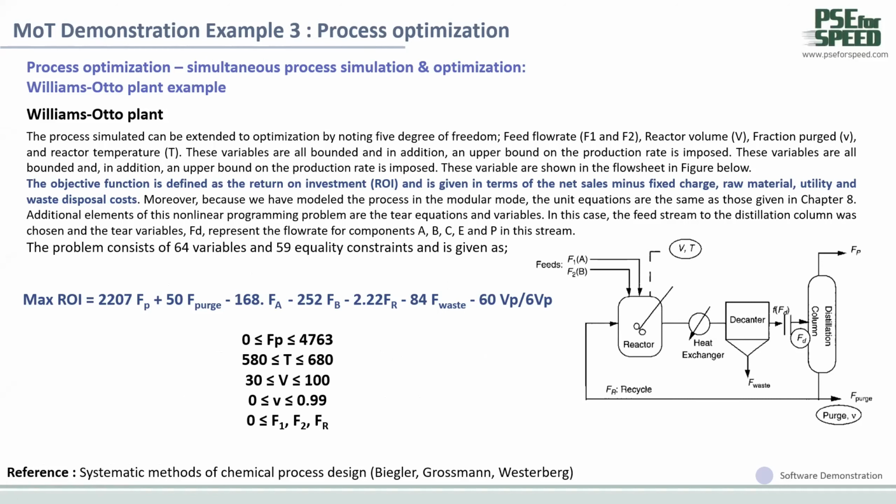The Williams-Otto plant includes the CSTR, heat exchanger, decanter, and distillation as presented in this figure. The objective function is defined as the return on investment and is given in terms of net sales minus fixed charges, raw material, utilities, and waste disposal costs. Next, Professor Rafiq will explain the problem setup and the solution steps of this example.